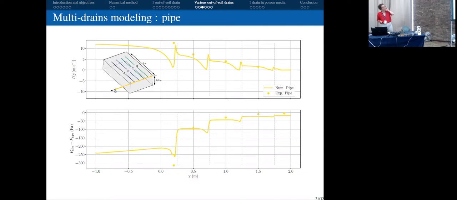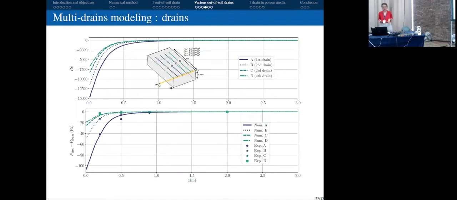And we see that our numerical results fit quite well with experimental results. And we do the same thing for the drains. At the top, it's the Reynolds number along the drains for the first drain. And we have pressure along the drains too, and experimental points.